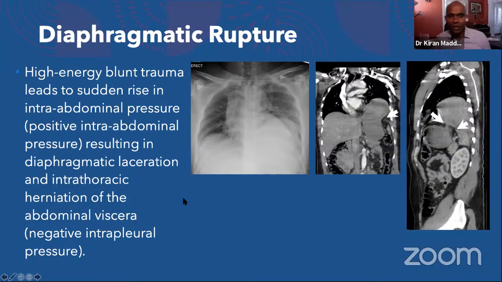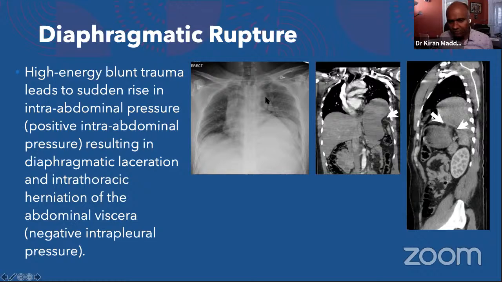So this is due to high energy blunt trauma and leads to a sudden rise in intra-abdominal pressure. The positive intra-abdominal pressure results in the diaphragmatic laceration, and the abdominal contents herniate into the thorax. This is also sucked up by the negative intrapleural pressure.